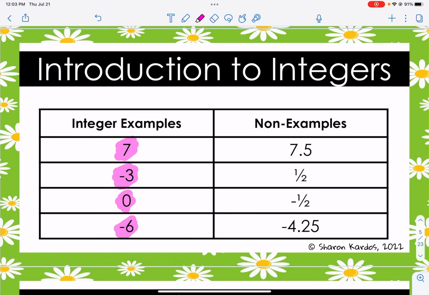And the same thing with 1/2. 1/2 is not an integer because it is a fraction. Okay, -1/2, even though it has that negative sign on it, it is not an integer. Fractions cannot be integers even if they have a negative sign, and the same goes for decimals. So -4.25, those are not integers.